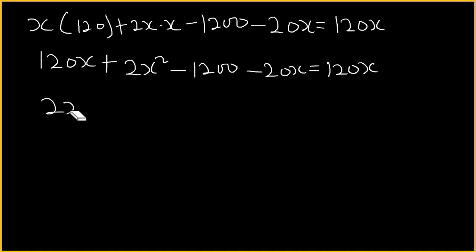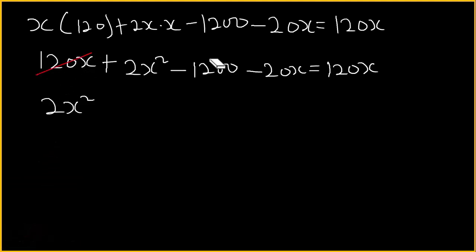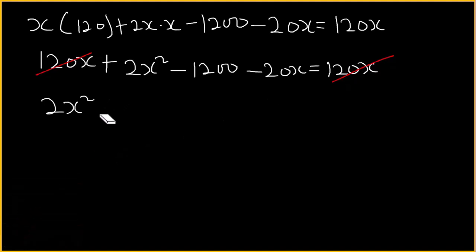2x squared, 120x gets rid of 120x, minus 20x minus 1200 is equal to 0. So we keep on simplifying.